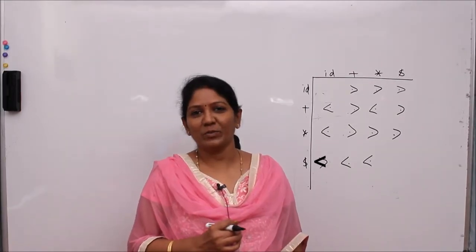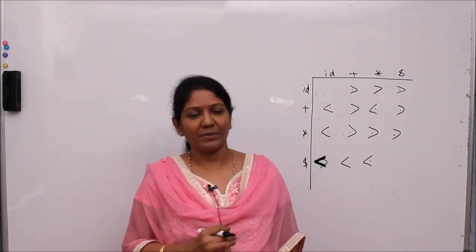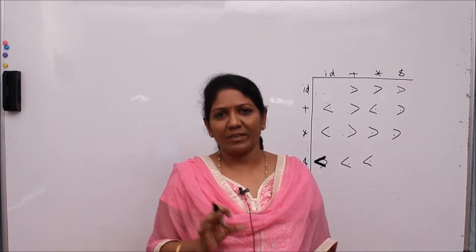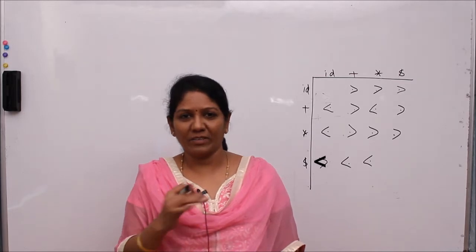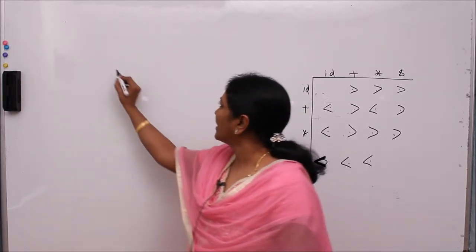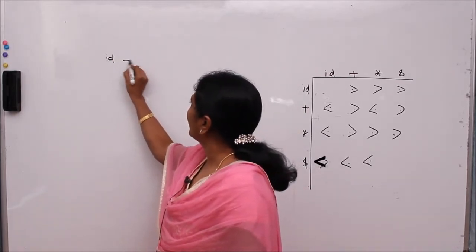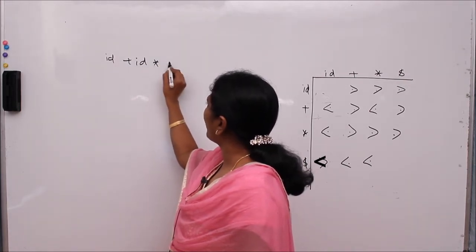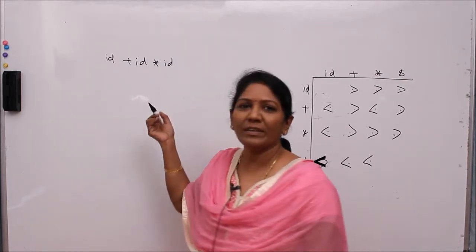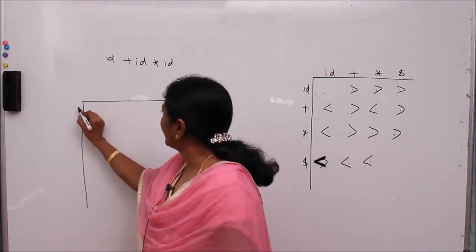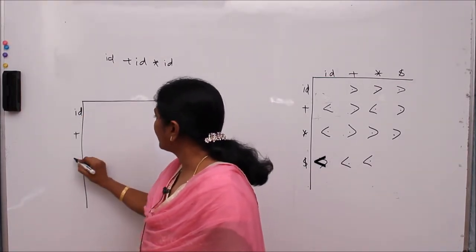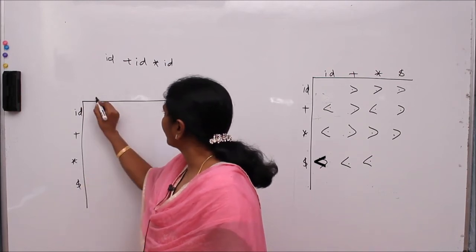And though I have listed so many rules, we need not memorize all the rules. If you remember the actual precedence among the operators, we can easily construct the table. Let's see how we can actually prepare the same table here. Take the input string. The way this input string has to be parsed, based on that you need to define the relation. For example, here I need to prepare for ID plus star and dollar.